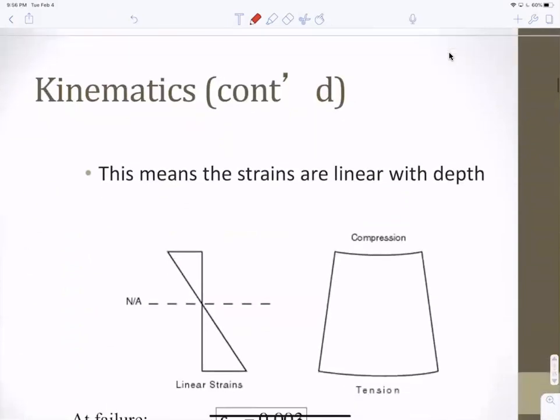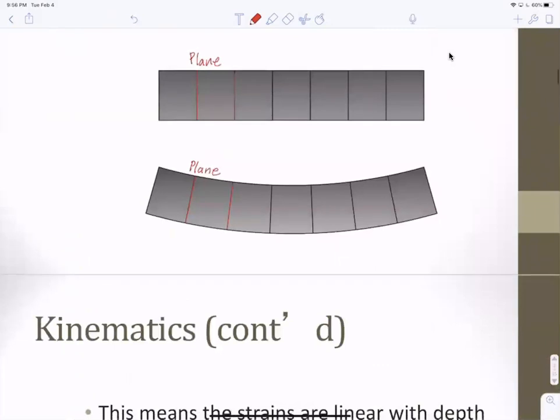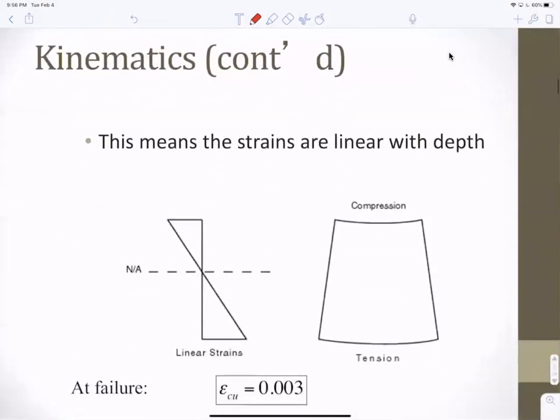What this means is that this change in length is getting bigger as you go down. It's getting bigger linearly because they're straight lines. So that means the strain is linear with depth.